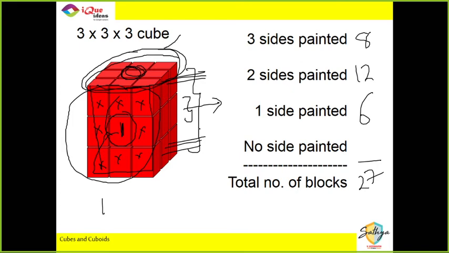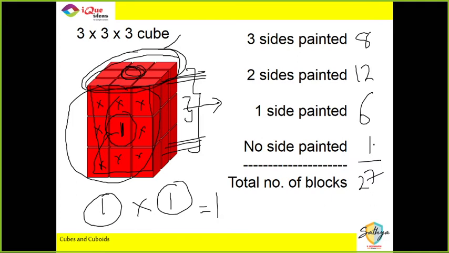Okay? So you multiply the number of center pieces with the number of middle layers, that is your number of zero sides painted. Do you understand this? If you understood it, very good.